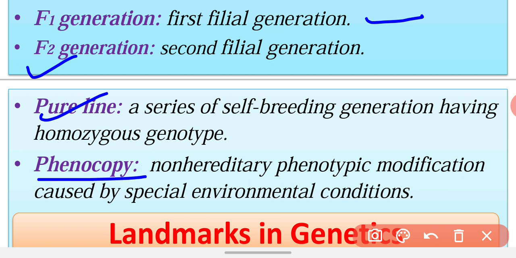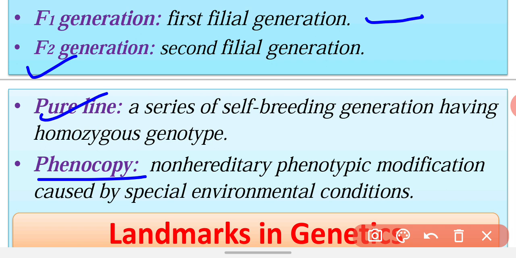Next one is the phenocopy, a non-hereditary phenotypic modification caused by special environmental conditions. In some conditions, any type of living organism is totally similar to the parent and daughter generation, because there is no difference between parents and daughter due to environmental issues.